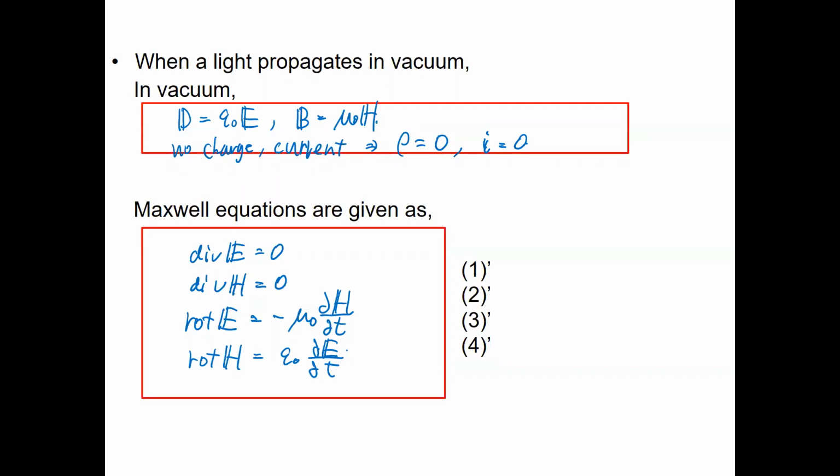Here the D is substituted by epsilon 0 times E, right?